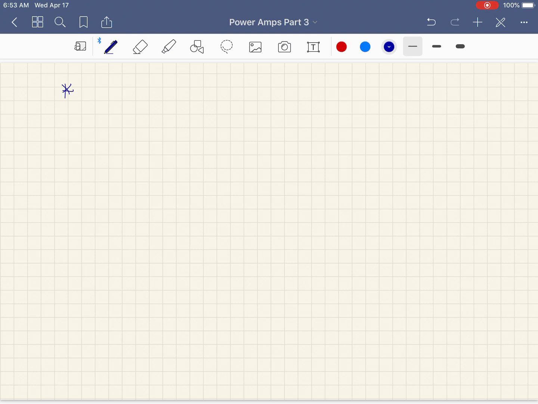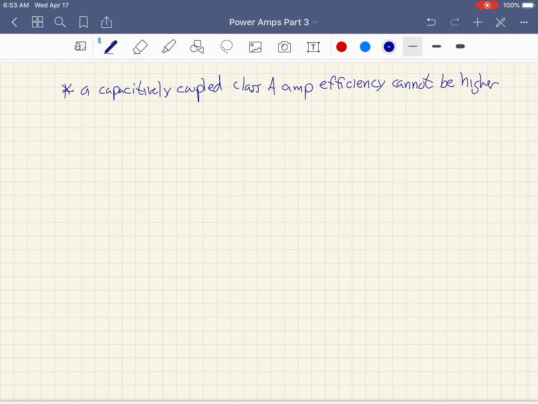I'm going to say this: capacitively coupled Class A amplifier efficiency cannot be higher than 0.25, or 25%.